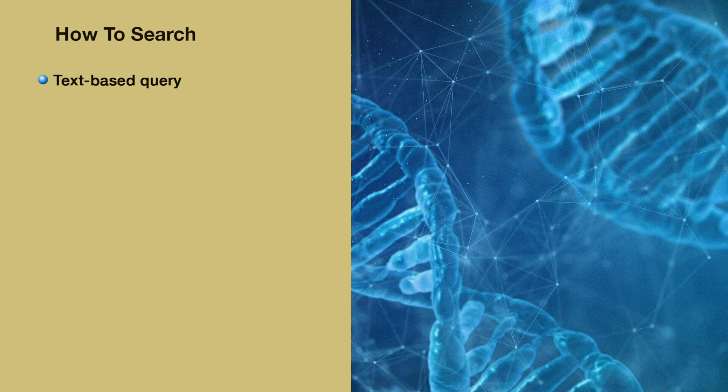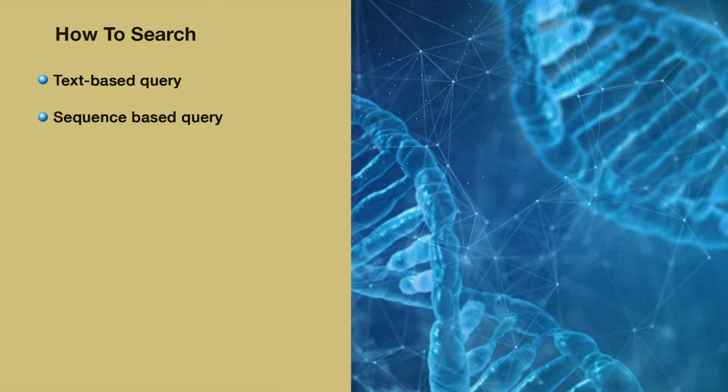One can search for their protein of interest by using the search bar in the RCSB PDB website. PDB can be searched by three methods. The first one is a text-based query: protein name, name of the author who deposited the structure, or any particular name of a ligand of interest can be entered in the search box.